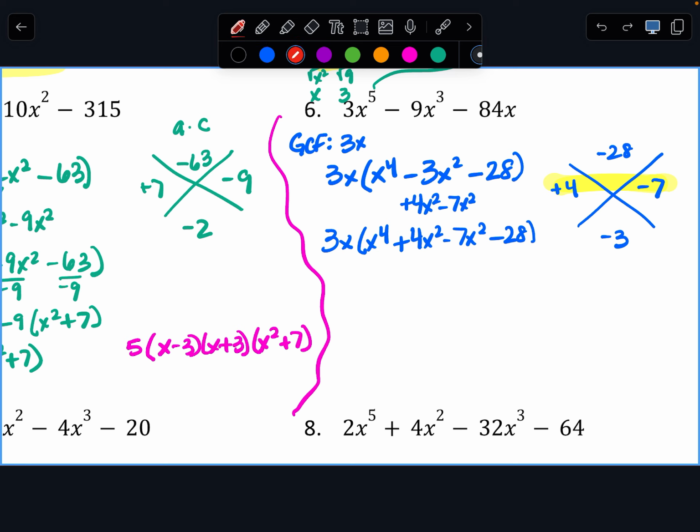Divide by x squared, divide by negative 7. 3x times x squared minus 7 times x squared plus 4.